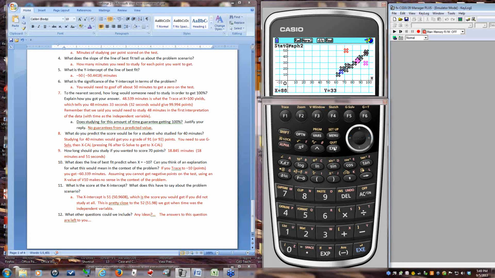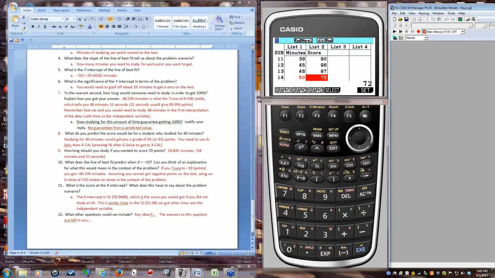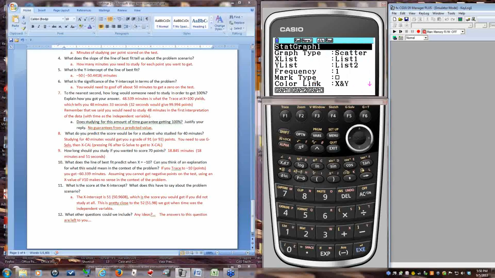To actually get that to work, when I set up my graph, I have to tell it, and let's look at graph 2. I told it was a scatter plot. I said I wanted to use the X list as list 2, which was the score. So my score is now the independent variable in this second graph. My time is the Y list, my Y variable, so I made that list 1.